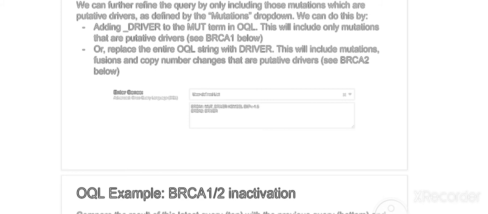We can do this by adding DRIVER to the mutation term in Onco Query Language. This will include only mutations that are putative drivers. Or replace the entire Onco Query Language string with DRIVER. This will include mutations, fusions, and copy number changes that are putative drivers. See BRCA2 below.